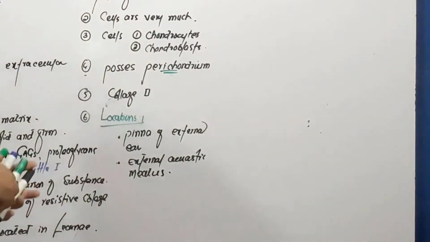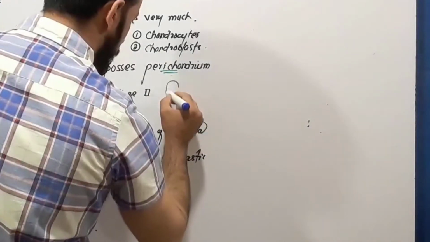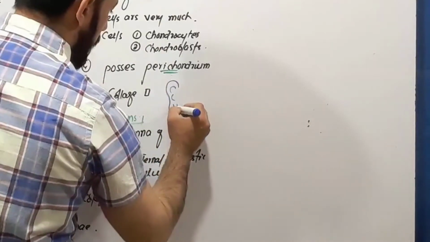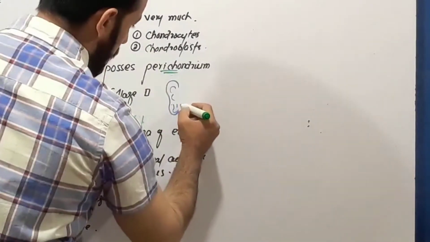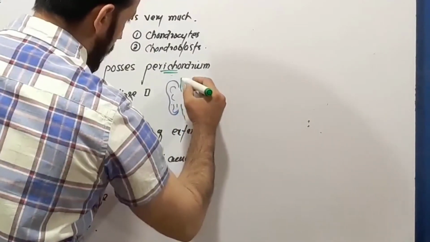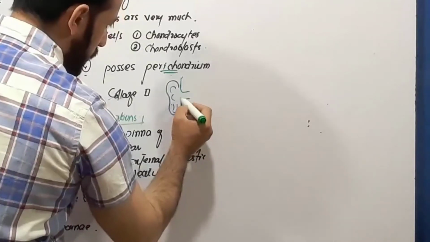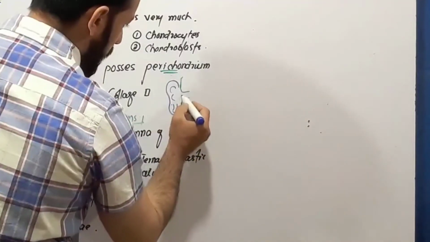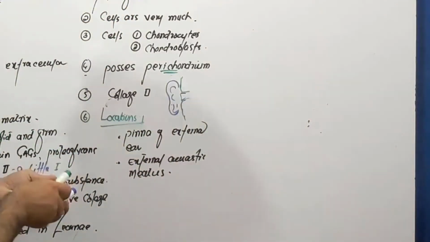So in the external acoustic meatus, let us make a diagram in this part. This is your ear pinna. Your ear pinna mostly contains elastic cartilage, and then there is your ear canal, right? So this outer part of the acoustic meatus contains elastic cartilage.